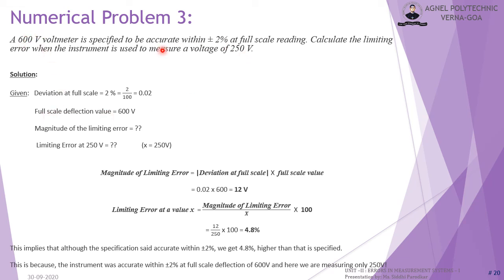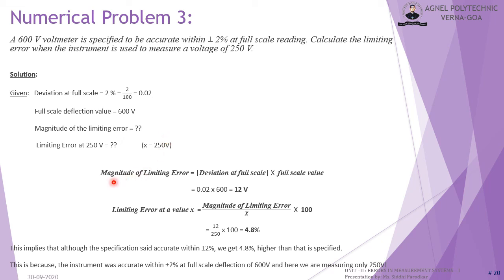Then it is given that it is accurate within the limits of plus or minus 2% at full scale reading. So this is the deviation at a full scale reading, which can be written as 2% equal to 2 upon 100, which is equal to 0.02. Then you are asked to find limiting error when the instrument is used to measure a voltage of 250 volts. So limiting error you need to find when X is equal to 250 volts.